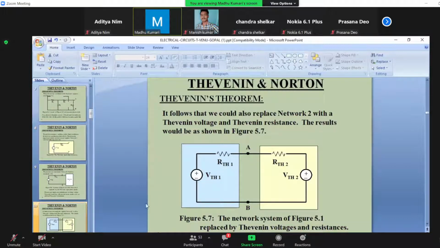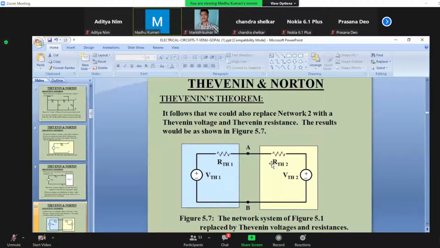Suppose here V Thevenin 1, R Thevenin 1, and here R Thevenin 2, V Thevenin 2, both networks connected in series. What will be the result? This is network 1, this is network 2, with two voltages V Thevenin 1 and V Thevenin 2, and R Thevenin 1 and R Thevenin 2.